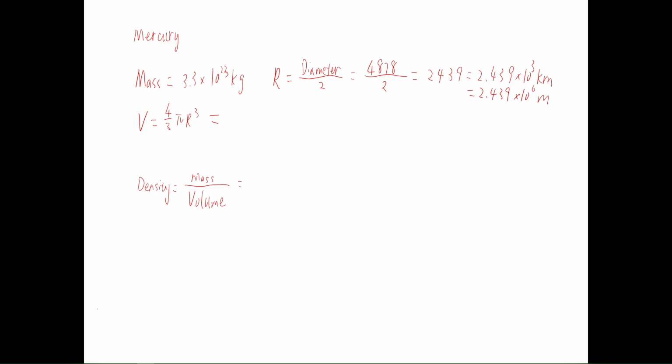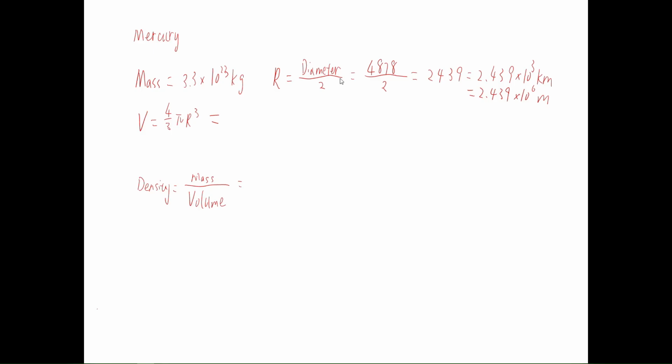I want to take Mercury as an example. I copied some numbers from previous slides. The mass of Mercury is 3.3 times 10 to the 23 kilograms. And the radius, r of Mercury, is its diameter divided by 2.